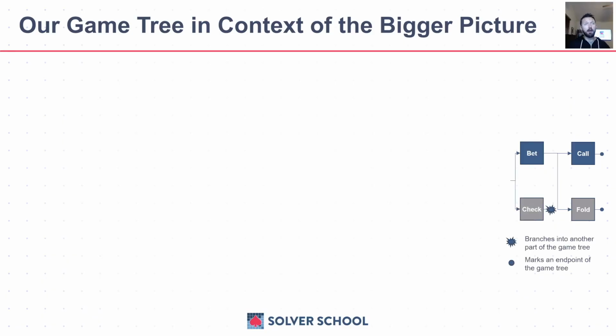We could have built out a checking range here and seen what happens if we check, and if villain shoved, we could have given some call or fold option. I've noted that by this symbol here, which represents that there could be other complex points of this game tree. So if we checked here as our hero and villain bets, we could also decide that we want to have a calling range and a folding range here.